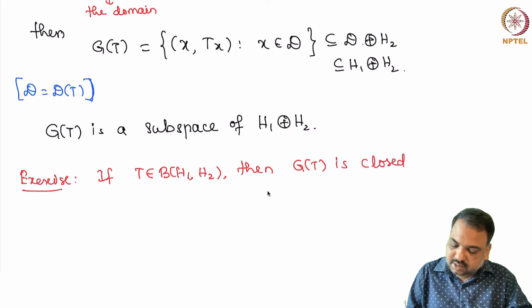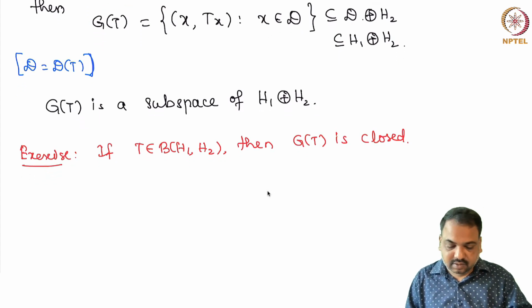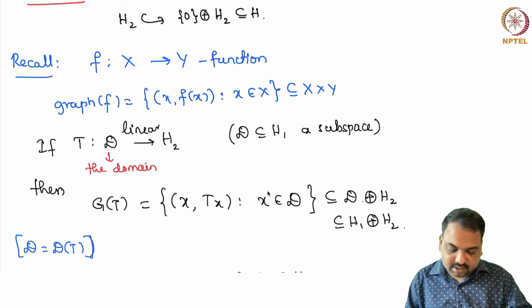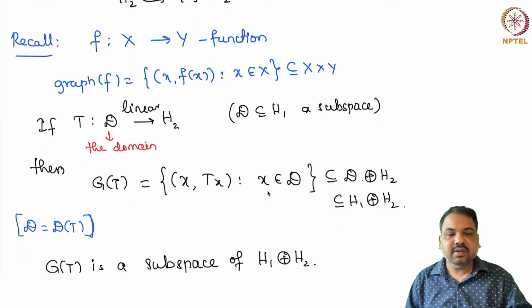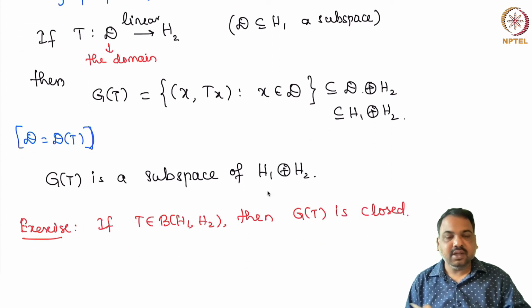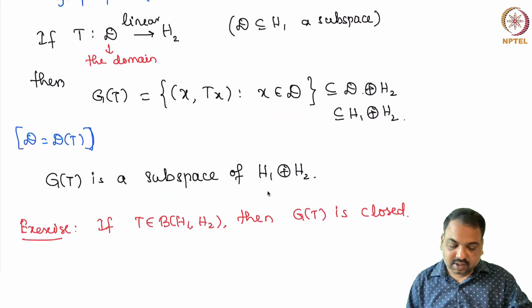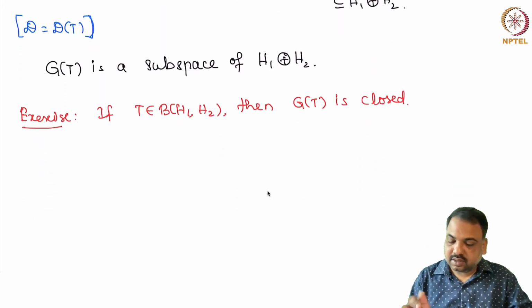It's a closed subspace of H1 cross H2. Now if you see operators like T, whatever we have defined earlier, which are defined on a subspace of H1 instead of the full space, then also we can define the graph of the operator, and then the graph of T is a subset of H1 direct sum H2, and it may be possible that the graph of T is closed even though T is not bounded or not continuous. So such a map we call a closed operator.